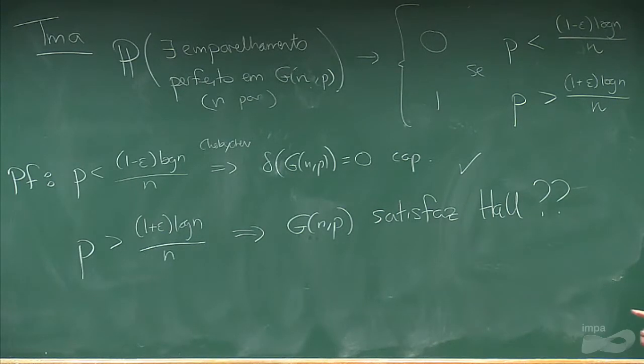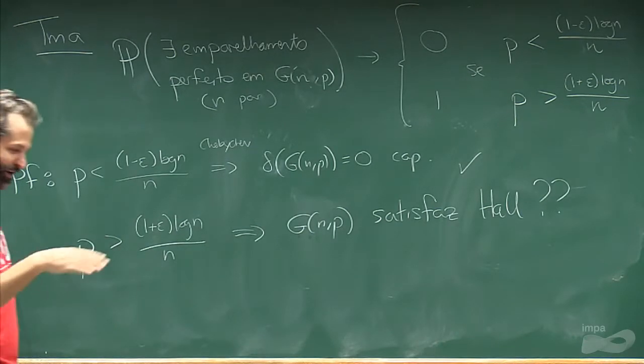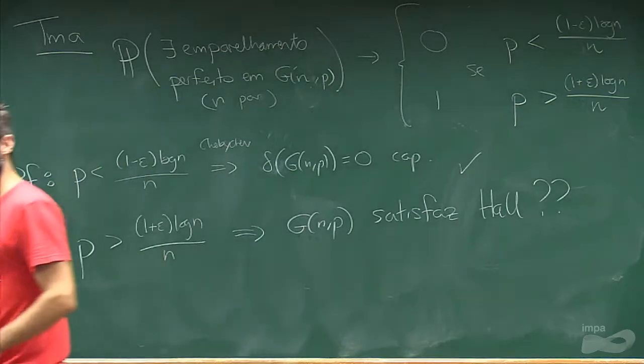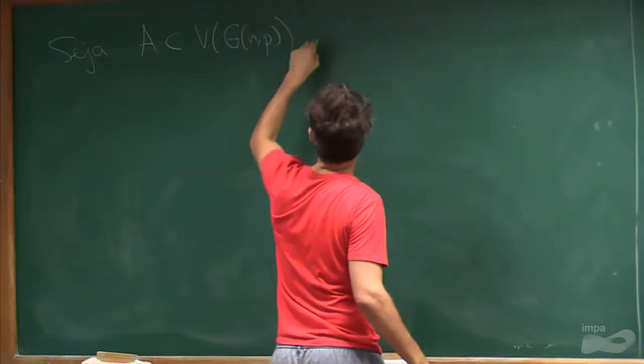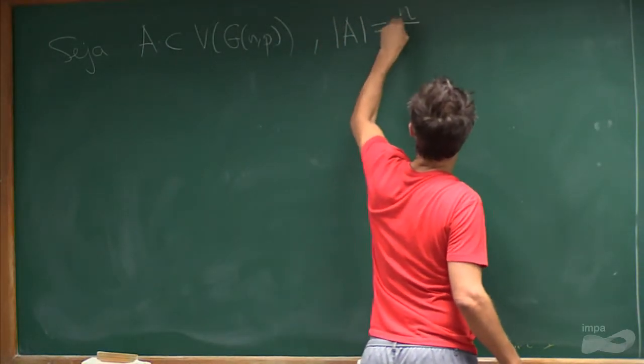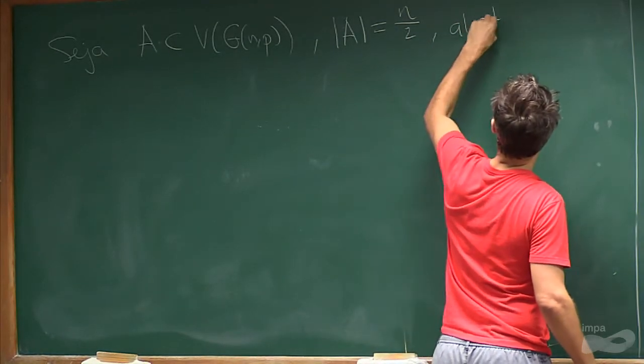So perhaps a natural thing to do would be to take a random bipartition and count the number of times we fail. So instead of considering just one of them, let's consider all bipartitions. Let A union B be a subset of vertices of G(n,p), of size n over 2, chosen randomly.